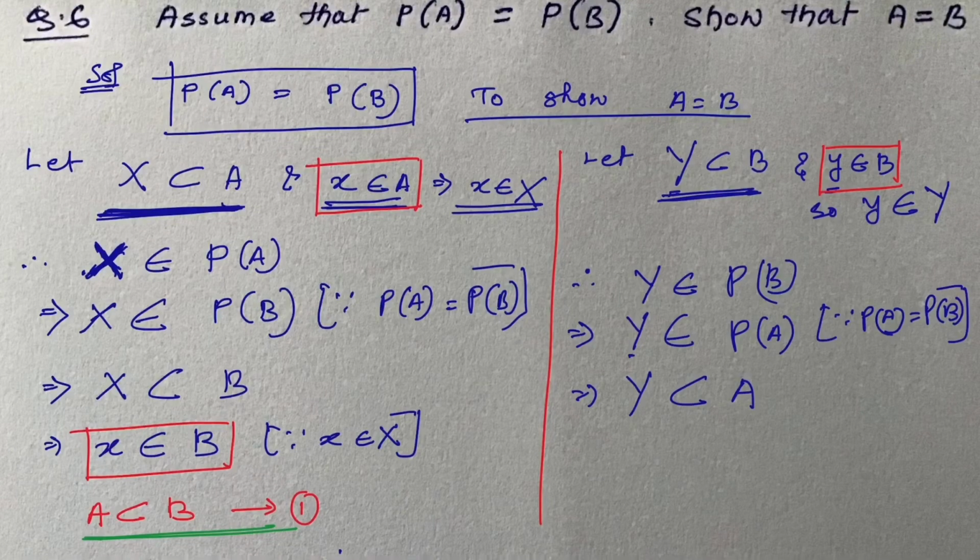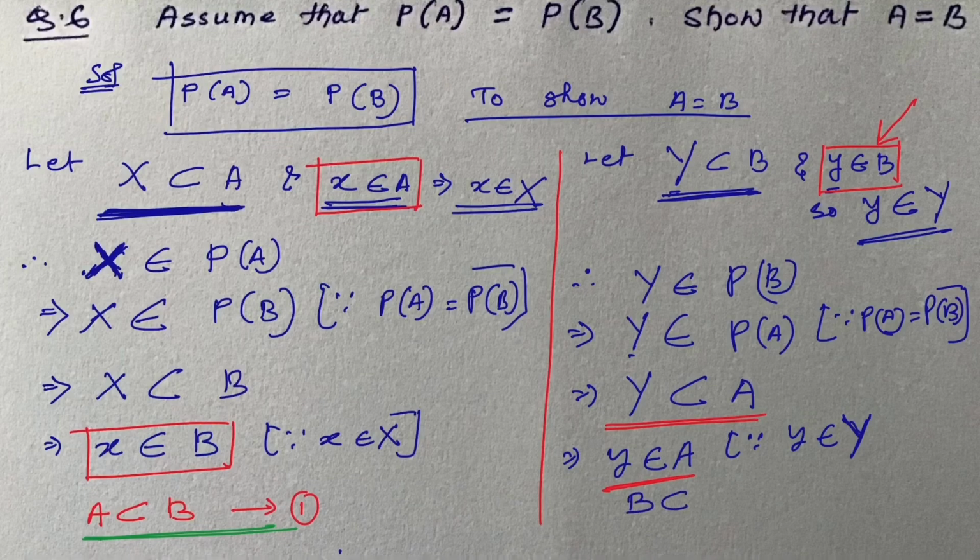As capital Y is a subset of A, that's why small y must belong to A, since small y belongs to capital Y, which we have taken. So as we have got, for y belongs to B, we have y belongs to A, that's why we can say B is a subset of set A. This is number 2.